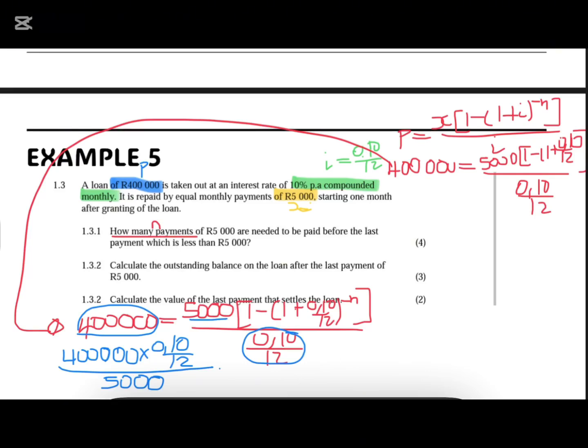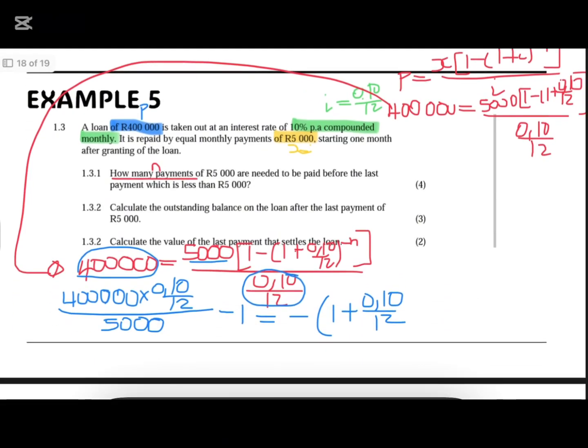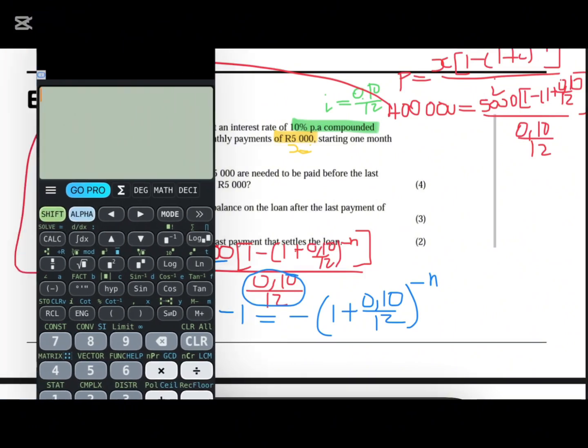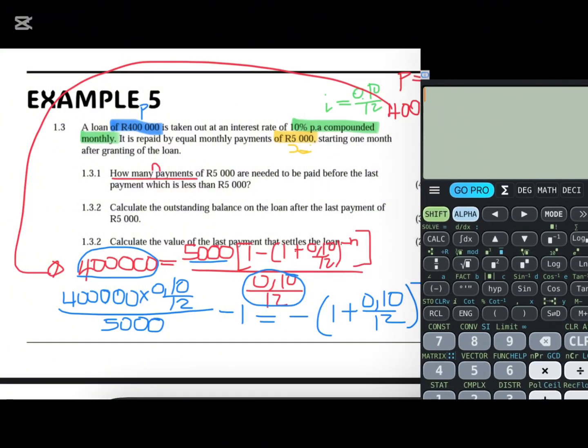So you're given 5,000, which is this here. Then that will be equal to, then that one will go to the other side. That will be subtract. Then in that case we'll have negative into 1 plus 0.10 divided by 12, to the power of n. So now we can solve for n.